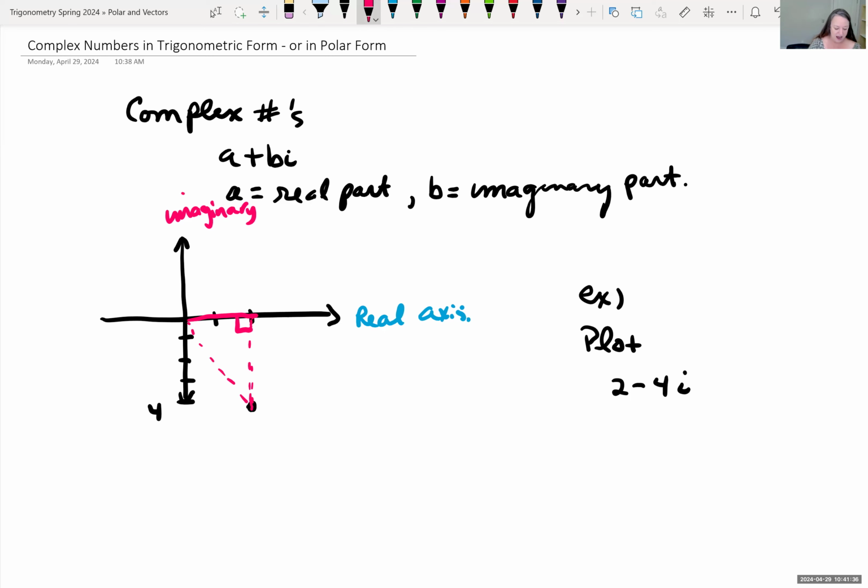We want to figure out what r is. I know that right here, my length is 2, and I know that my imaginary part, that length, is 4. So I know that r squared is equal to 2 squared plus 4 squared.